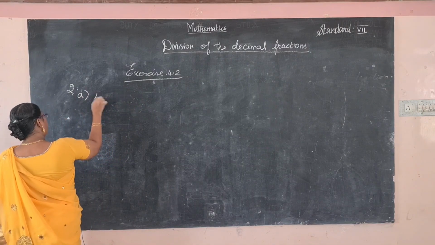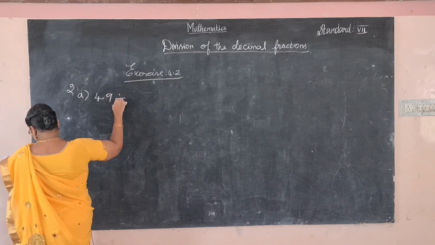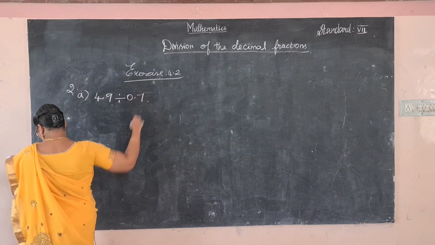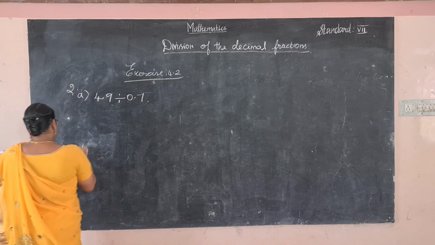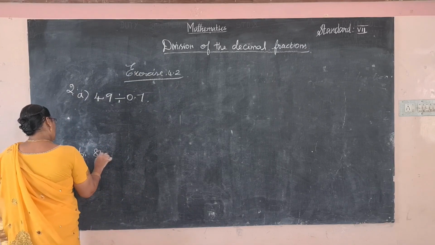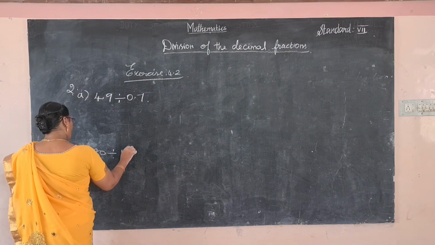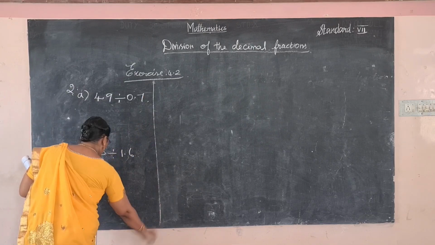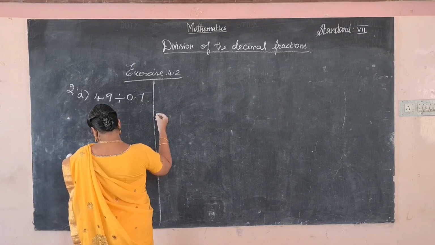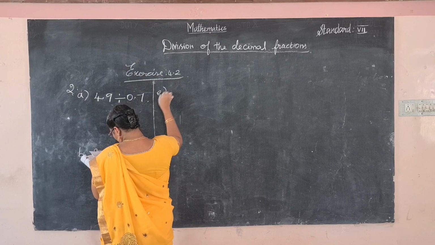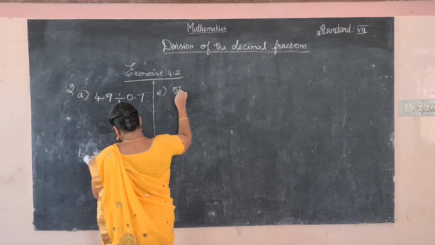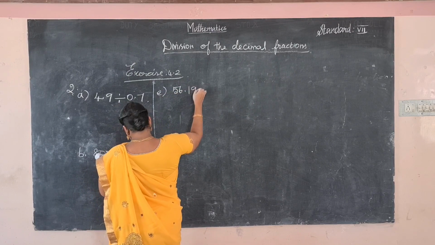First problem, 4.9 divided by 0.7. And then B problem, 80.1 divided by 6. C and D are homework. And E problem, 56.192.